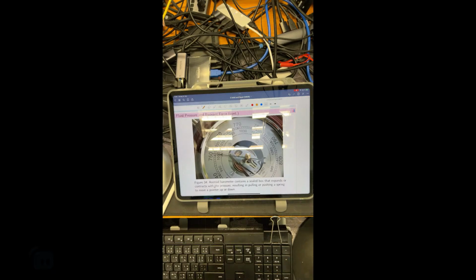And after this expansion and contraction, this instrument pulls or pushes a spring to move the pointer up and down, okay, to move this needle up and down. Then they use the value on the aneroid barometer scale to predict what the weather is going to be. For example, if we have a very large value for the pressure, we would say it will be a sunny day.